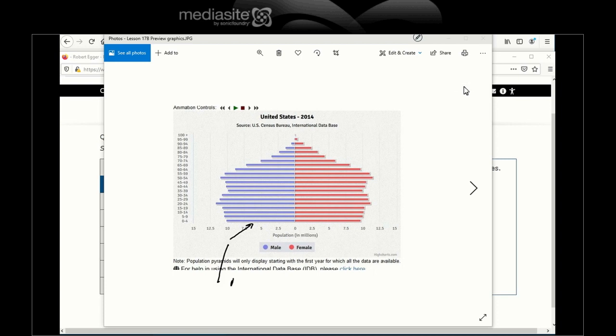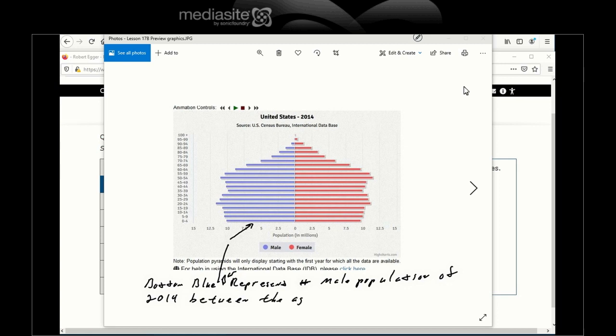That would represent... the bottom blue bar represents the male population of 2014 between the ages of 0 and 4 years.